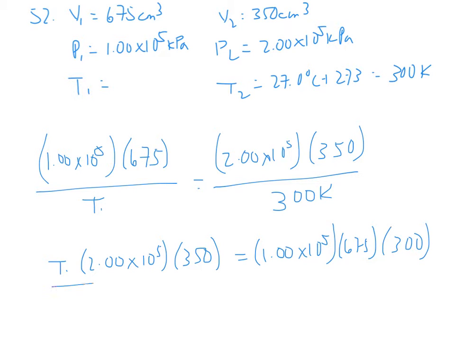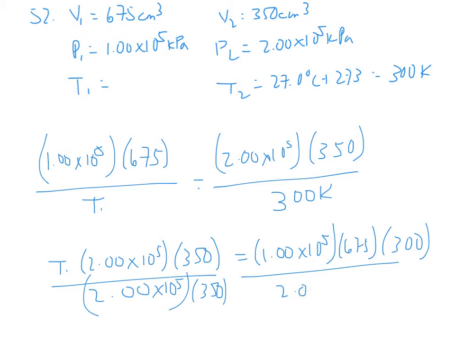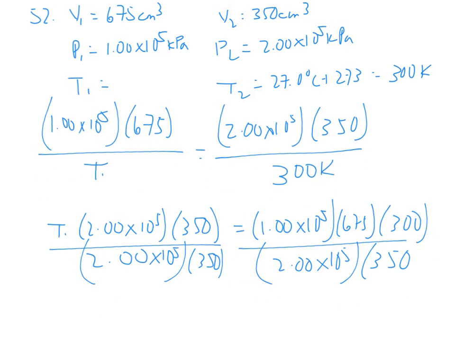And when I solve for T1, divide both sides by those two values to get T1 alone, I end up with T1 being equal to 289 Kelvin, or 16 degrees Celsius. And I don't think they asked you to, they just said determine the initial temperature. So as long as you label it properly, you could leave it 289 Kelvin or convert it back to Celsius.